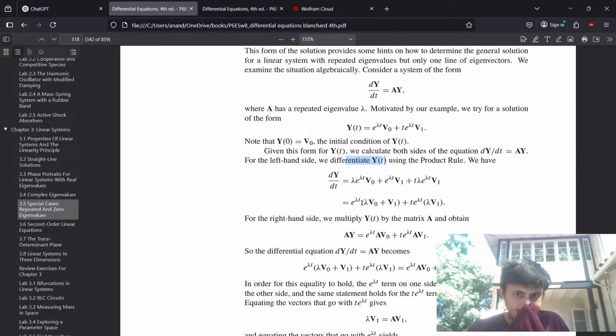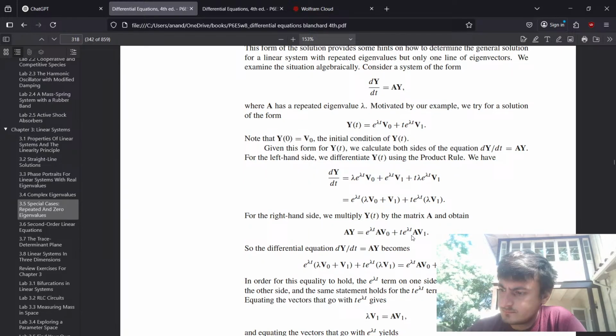For the right-hand side, we multiply y by the matrix A. This line I don't quite understand. Okay, so deriving or checking it's a solution.